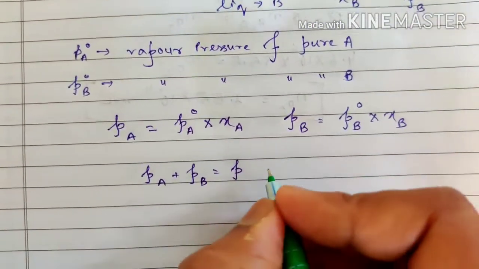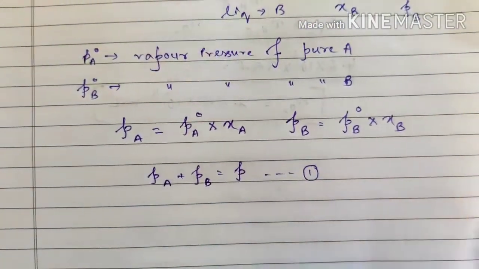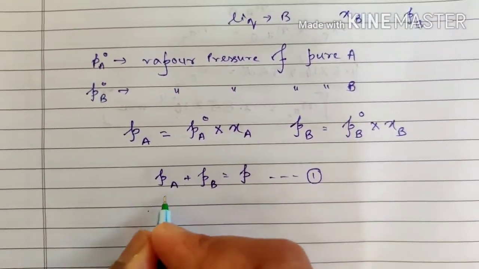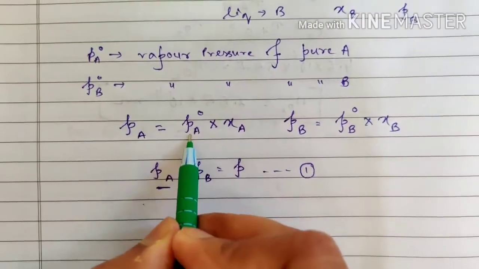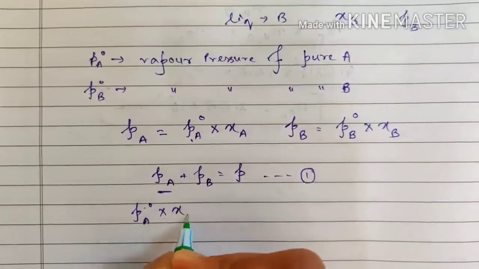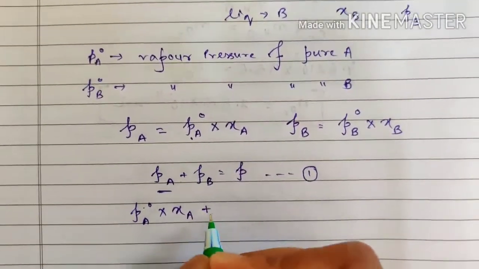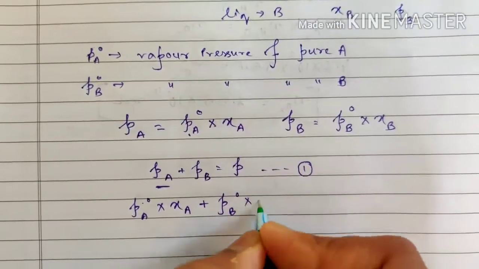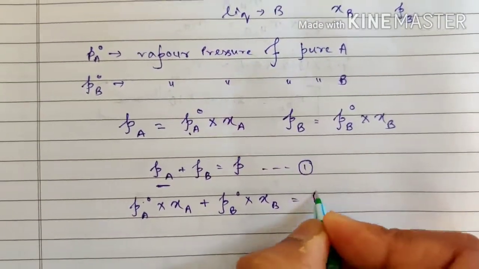So if this is equation number 1, we can write PA0 into XA plus PB0 into XB is equal to P.